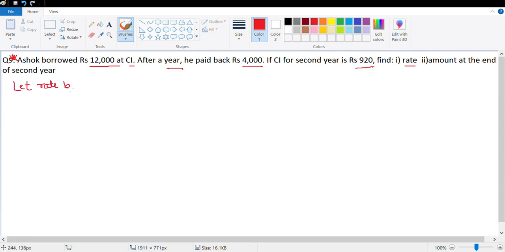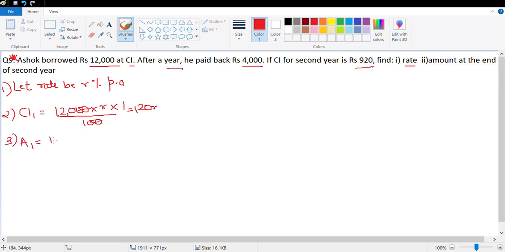Let rate be R% per annum. What this means is we can calculate compound interest using this method. So compound interest for the first year would be principal, in this case 12,000, rate we've taken as R, time 1 year upon 100, which is equal to 120R, which means amount for the end of first year will be principal, which is 12,000, plus compound interest, which is 120R.